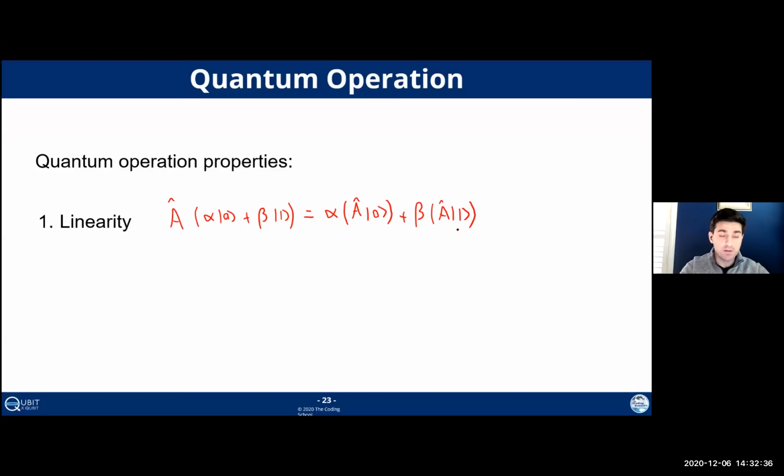Now let's do an example. Let's say I have my Pauli X operator, sigma X, and I apply it to 1 divided by square root of 2 times the 0 state plus 1 divided by square root of 2 times the 1 state. What do I get? Take 20 seconds and then we'll go through this together.